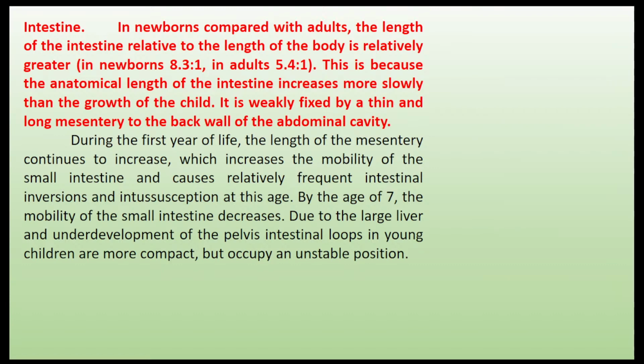Okay, let's go to the intestine. In newborns, compared with adults, the length of the intestine relative to the length of the body is relatively greater. In newborns, 8.3 to 1. In adults, 5.4 to 1. It's the ratio between the length of the intestine and the length of the body.